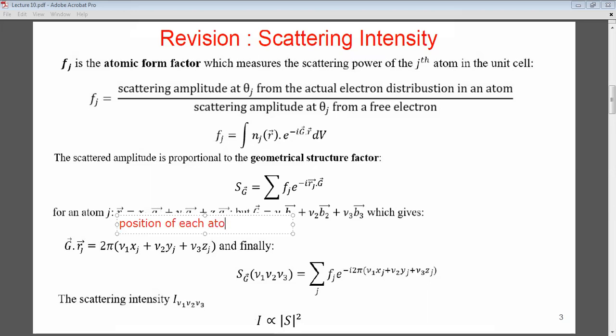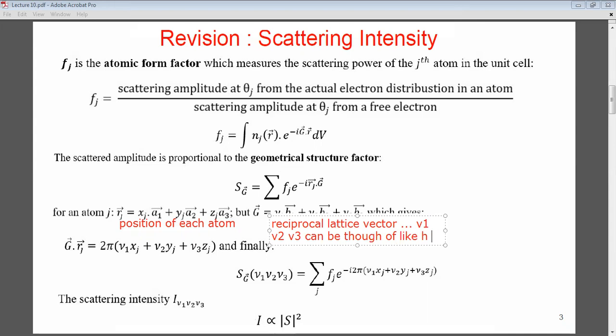If there is only one atom, then I only have one term in the summation. If there are two atoms, then I have two terms in the summation. And vector G is the reciprocal lattice vector, where v1, v2, v3 can be thought of like hkl, the Miller indices.